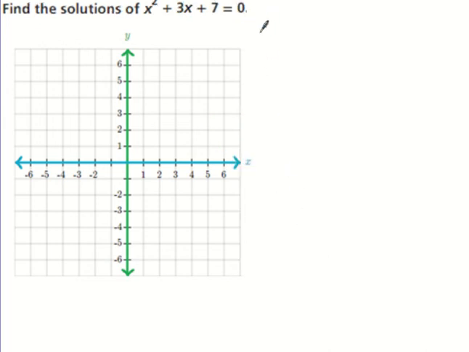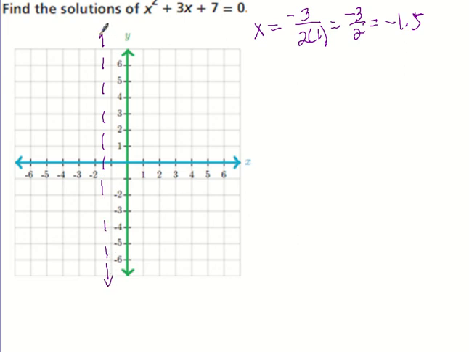All right. So find the solution. We're going to do it again. So I'm going to go x equals -3 over 2 times 1. That gets me -3 over 2, which is -1.5. That's another way we can put that, right? So -1.5 goes right here. I've drawn in my axis of symmetry. So I'm going to plug in -1.5. So -1.5 squared plus 3 times -1.5 plus 7.